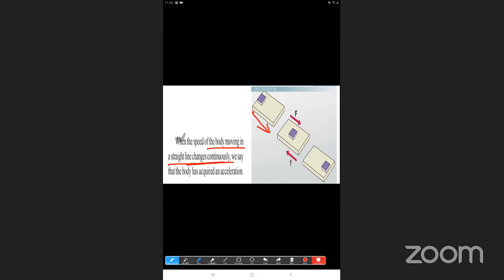Here the speed of this book changes continuously. So we say that the book has acquired an acceleration. Not only the book, whatever object we are taking, that object has acquired an acceleration.